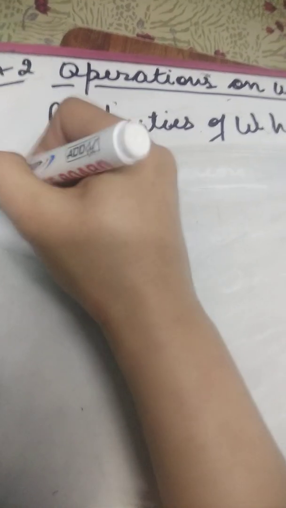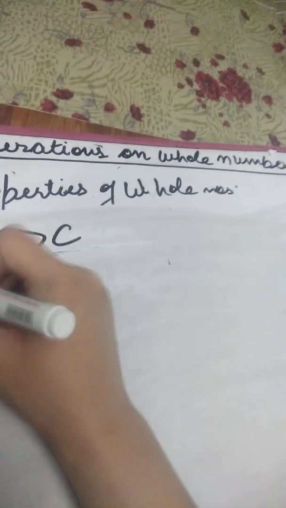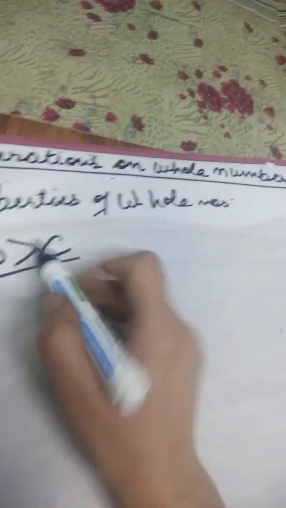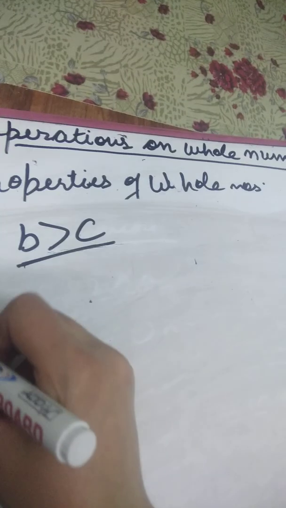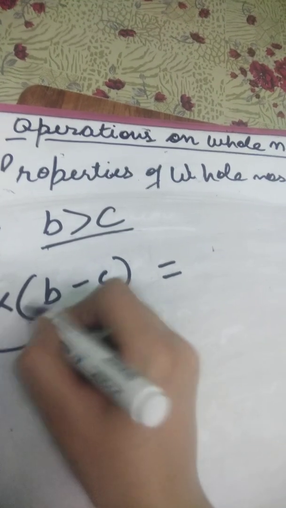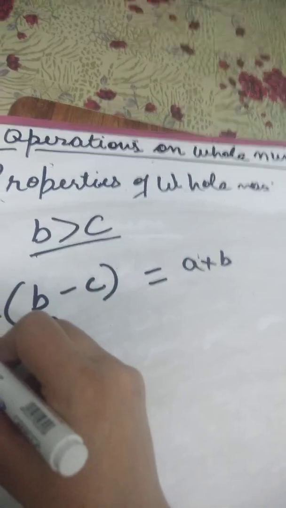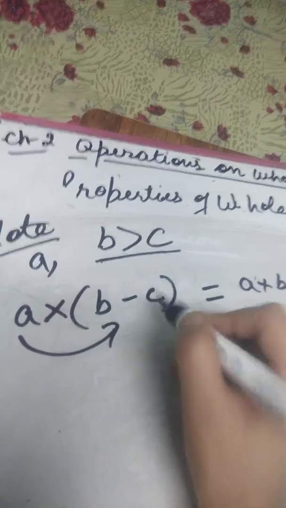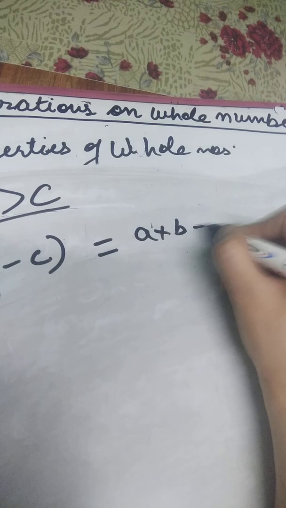Now next after this, you can see in the note, it says if A, B, C are whole numbers and B is greater than C, this condition is given, then A into (B minus C) is equal to, as we have done before, A into B, whatever the number outside you multiply with the first term in the bracket, A into B, then minus, because it's minus.